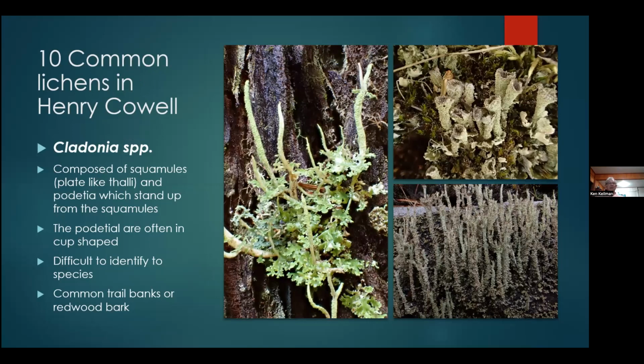And the podetia can be club-shaped or cup-shaped or branched. And when they're cup-shaped, they're often quite short, and these are called the pixie cup lichens. They're common on trail banks, and as I said, you can see some growing on redwood bark.